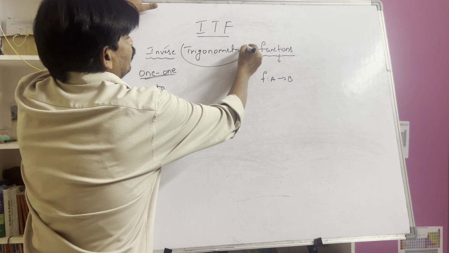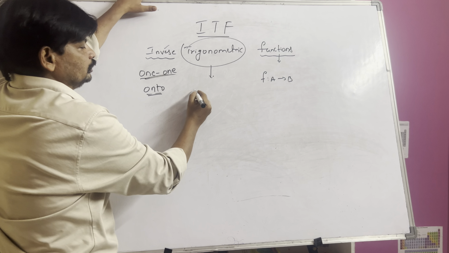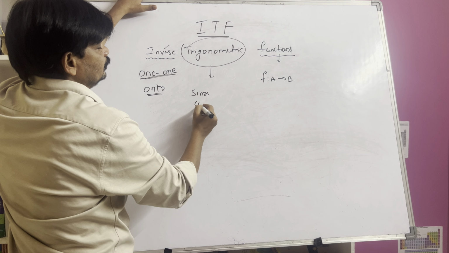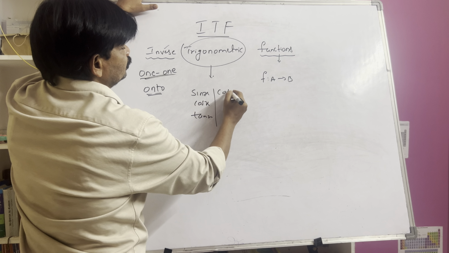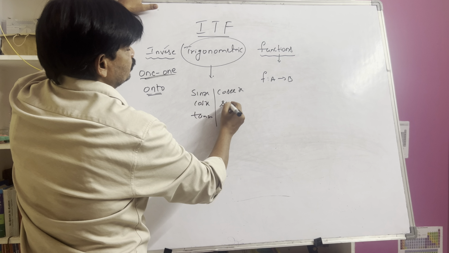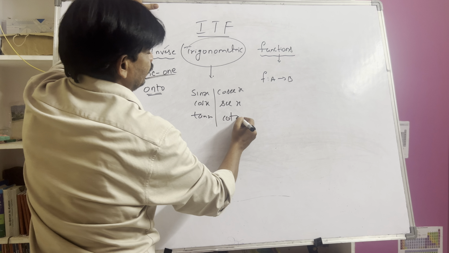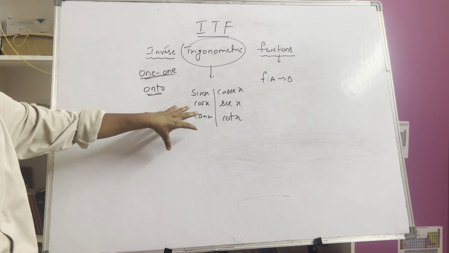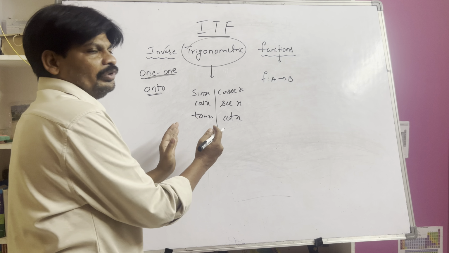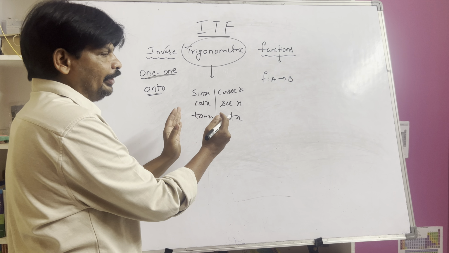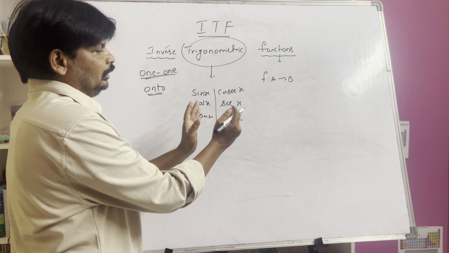Coming to the trigonometric ratios like sin x, cos x, tan x and their reciprocals cosecant x, secant x, cot x, all are periodic. Periodic in the sense that after a certain period the same values are repeated again.